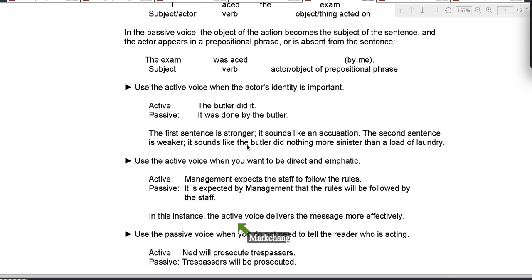Now the first sentence is stronger. It sounds like an accusation. What's accusation? Accusation means it's a condition.